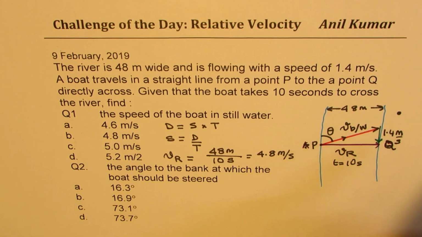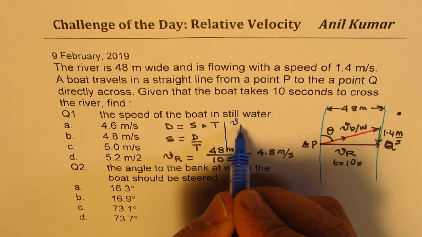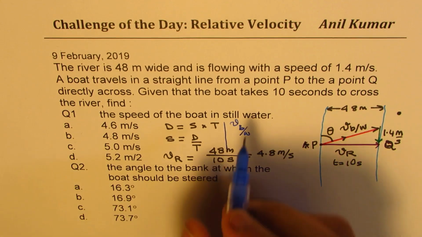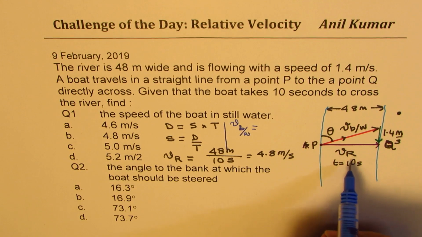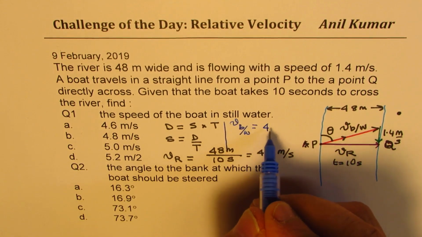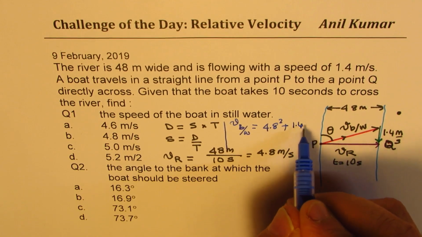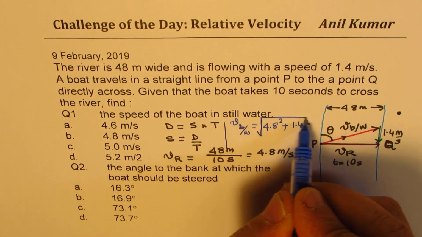So to find VB, the velocity of boat with water, which is also in still water, should be equal to the square root of 4.8 square plus 1.4 square, since a square plus b square is c square. I'm making a shortcut here by using the square root because there's less space.